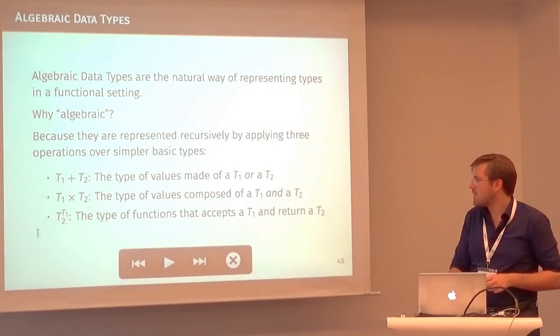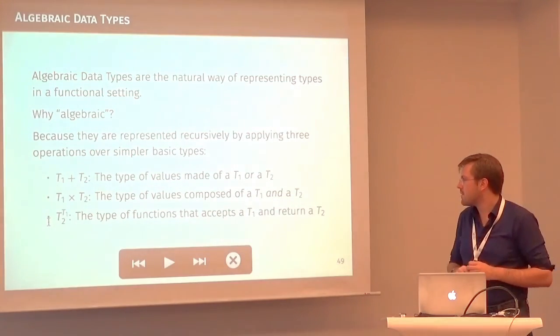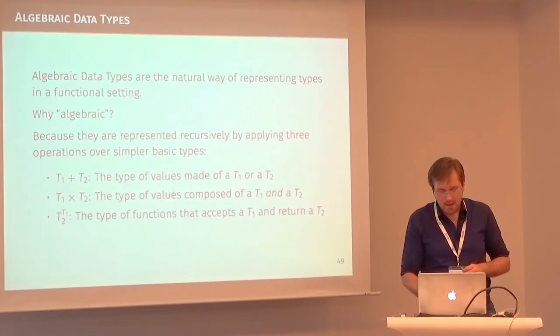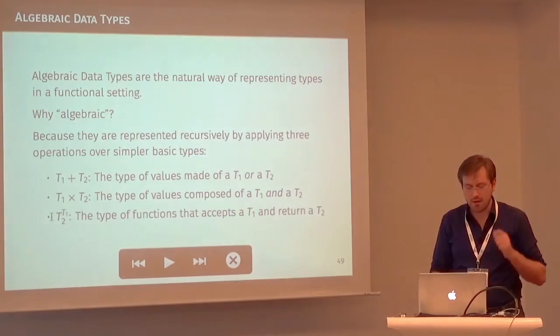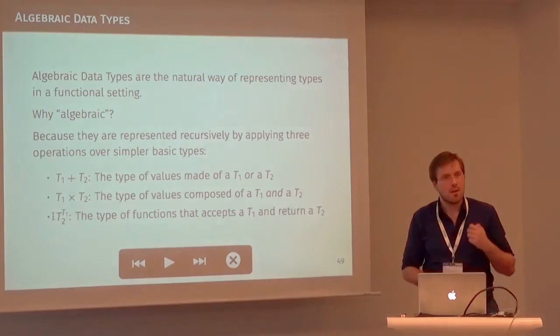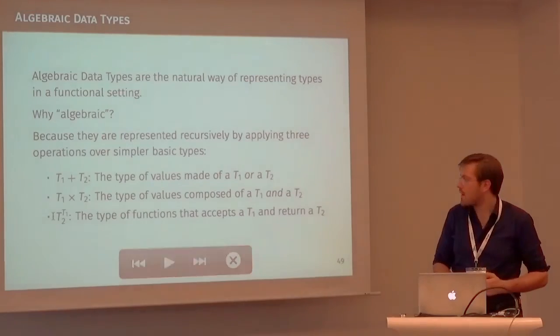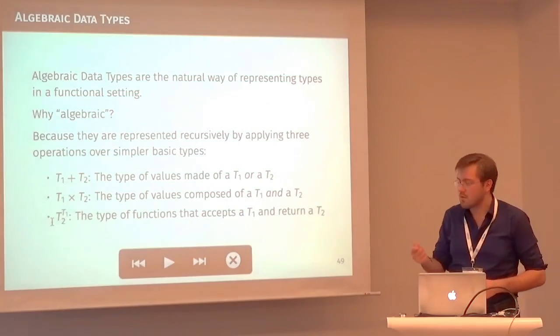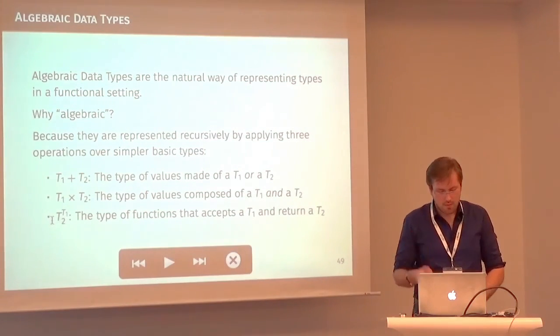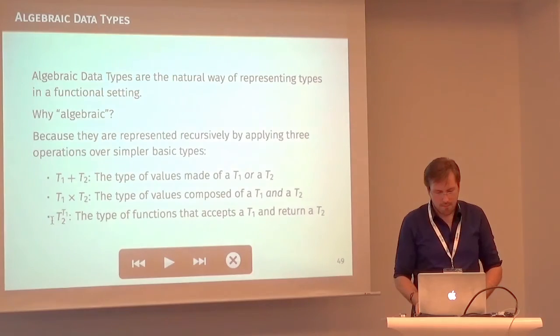And then the exponentiation is just the function types. You can see why they are called sum, product, and exponentiation by counting how many values of your type there are. Here it's the sum, here it's the product, and it's t2 to the power of t1.